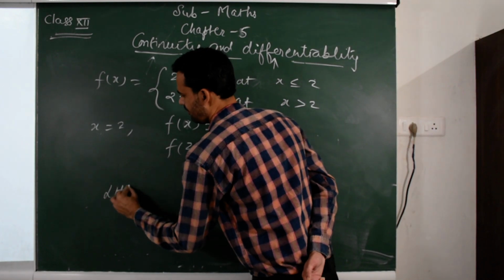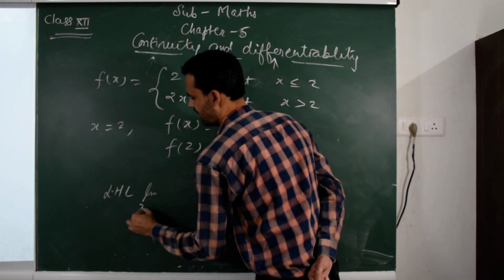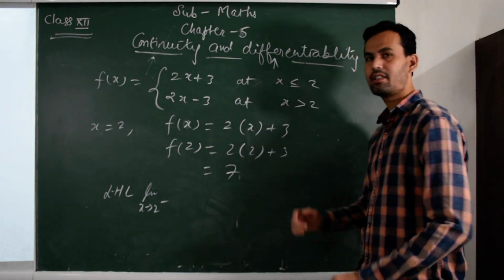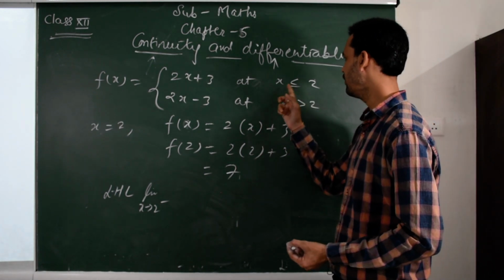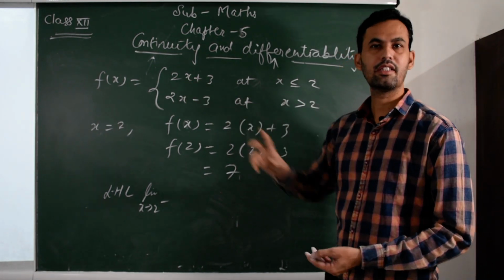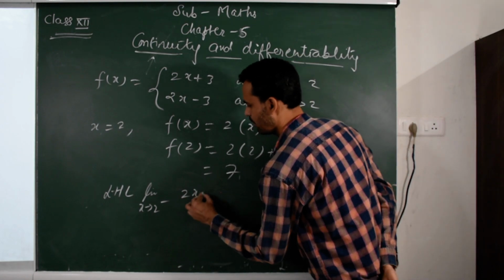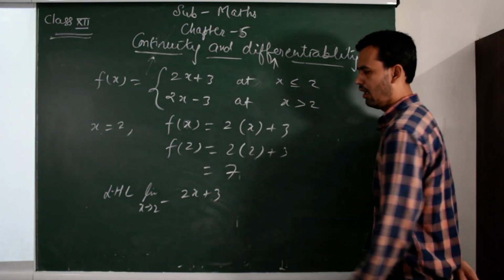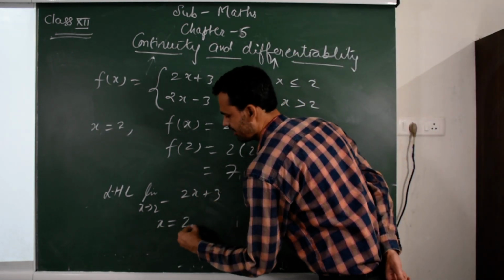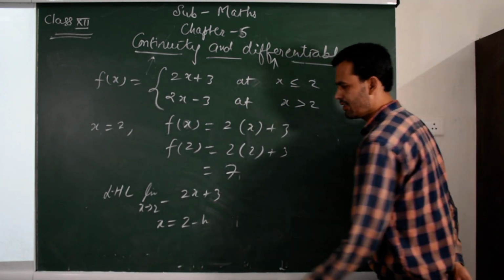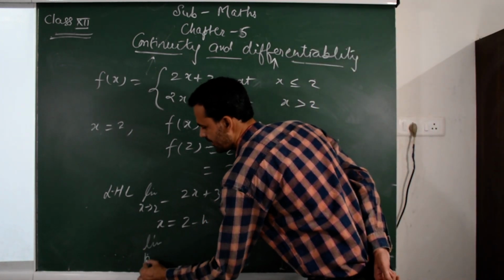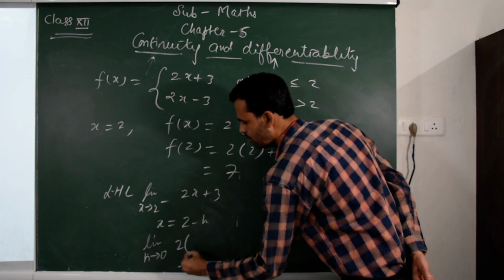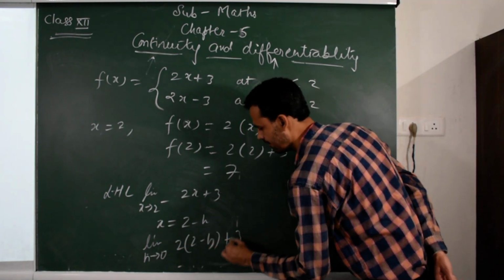LHL, limit x tends to 2 minus, it means x less than 2, where the function is 2x plus 3. How much less? It's h less, 2 minus h. So we write limit h tends to 0, 2 into (2 minus h) plus 3.